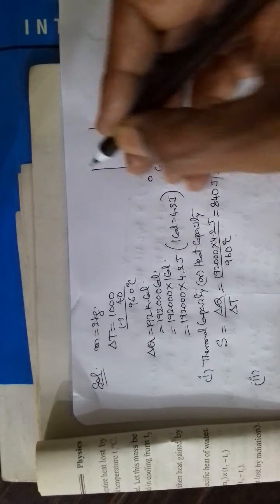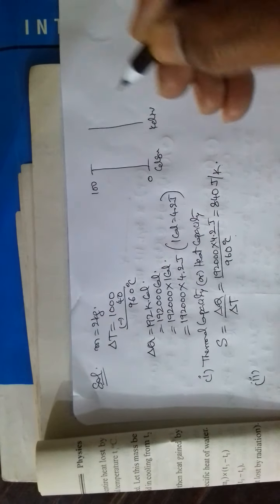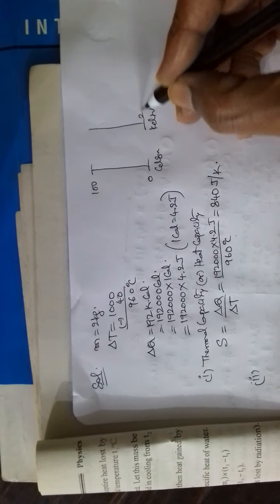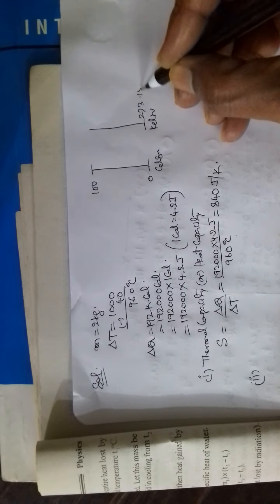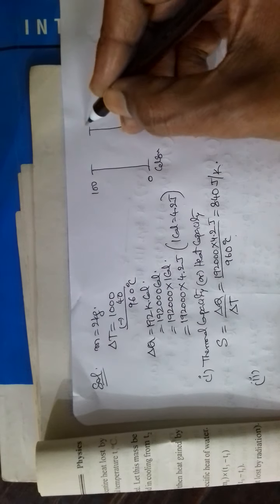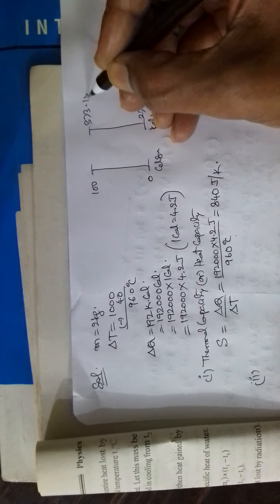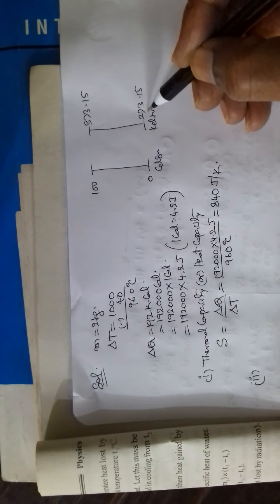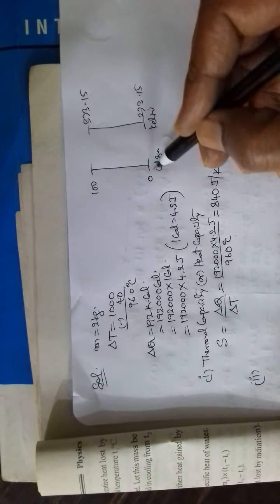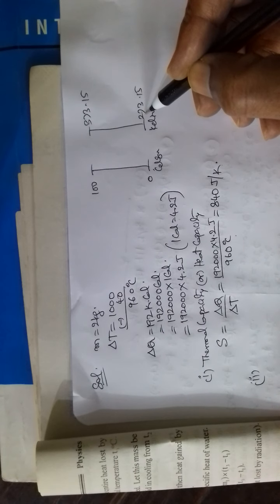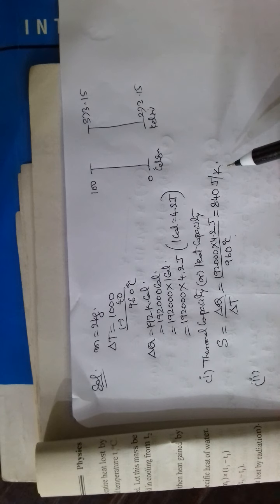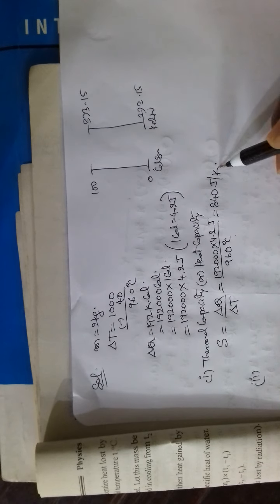Here Celsius is 0 and 100; here it is 273.15 and 373.15. The difference is 100 in both. The unit size is the same. Therefore, you can write Kelvin also.